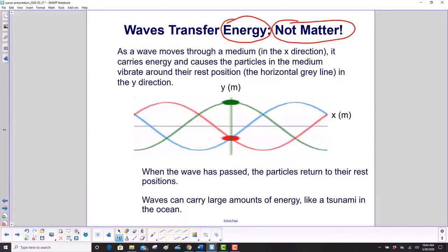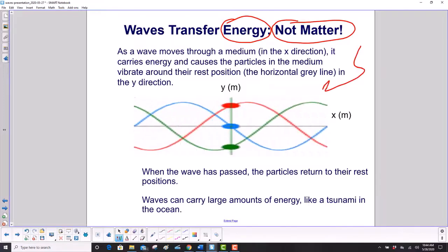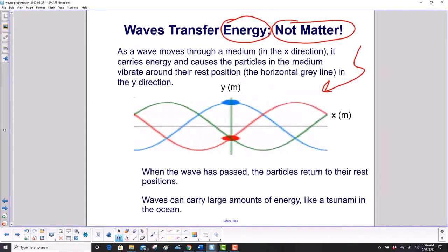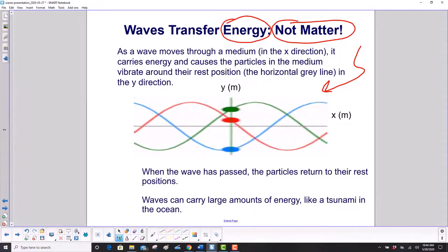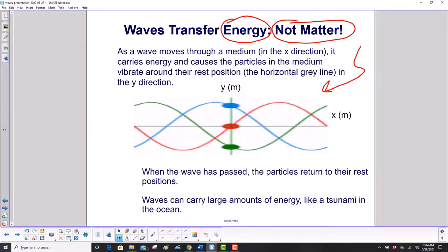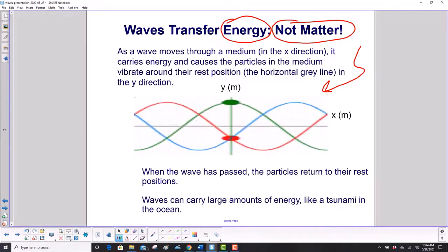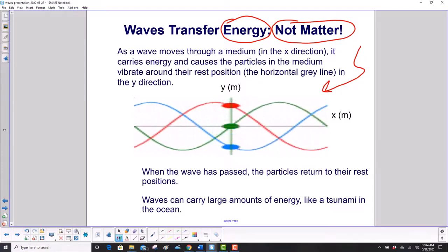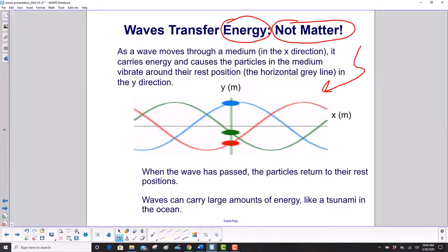So, earlier that was the styrofoam going up and down, so please view that blue, red, green thing as a little piece of styrofoam that's just going up and down. The waves are the wavy lines, and they're moving in the x direction. When the wave passes, the particles return to their rest position. Waves can carry a large amount of energy, like a tsunami in the ocean.